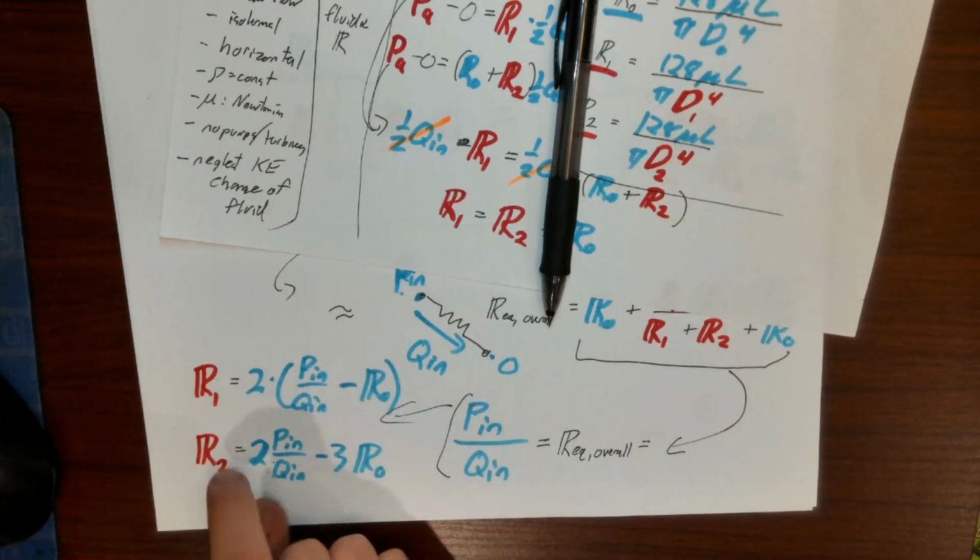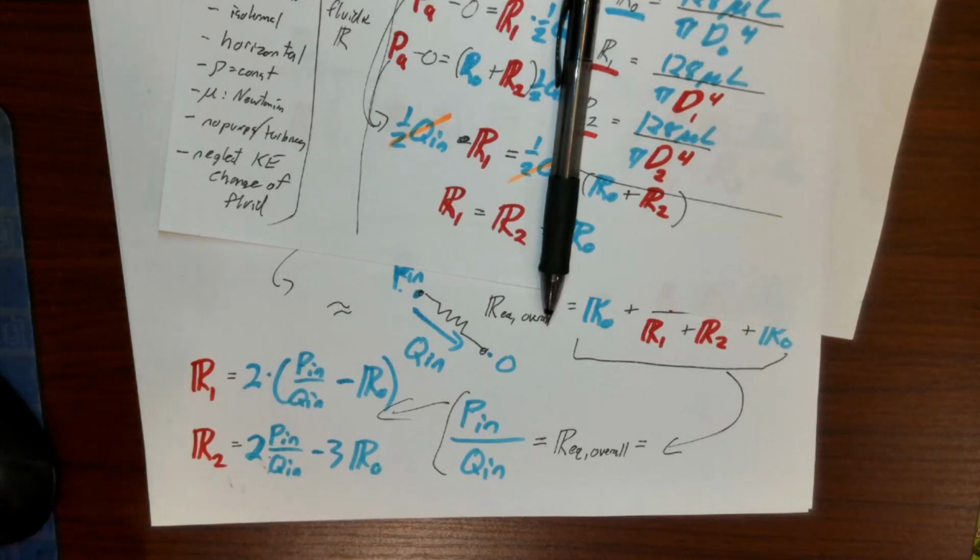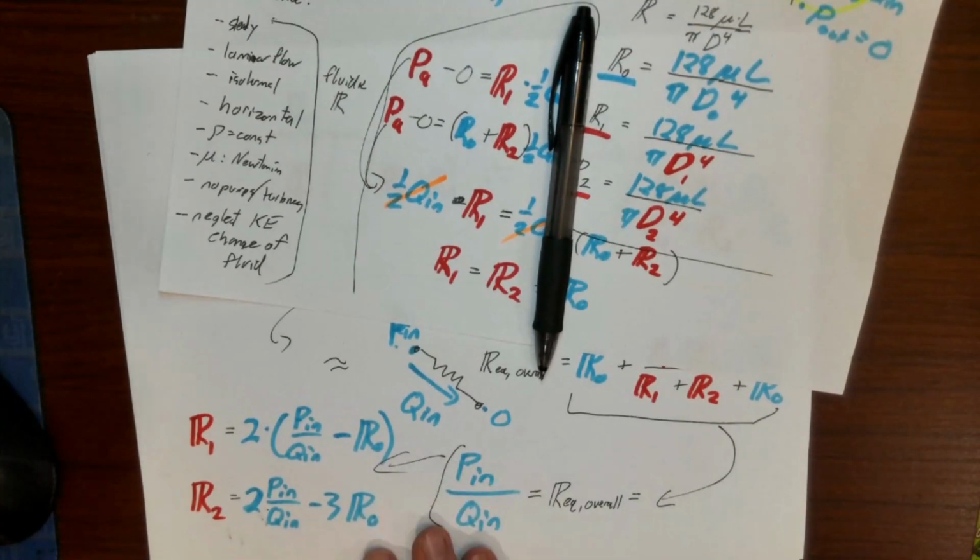So we end up being able to get R1 and R2 entirely in terms of known desired problem parameters.